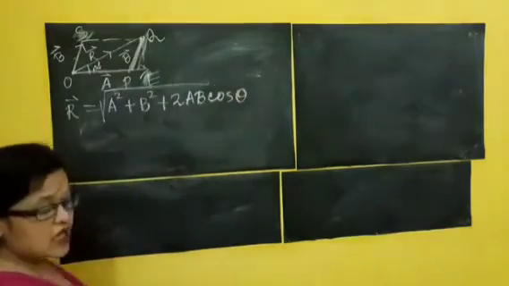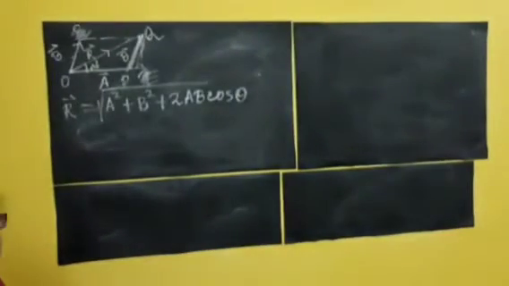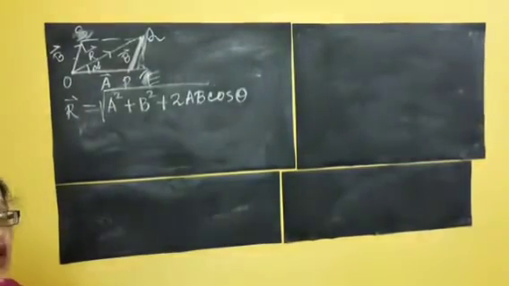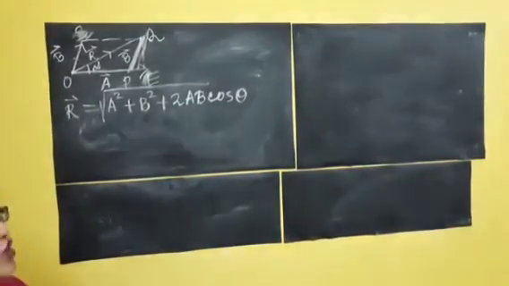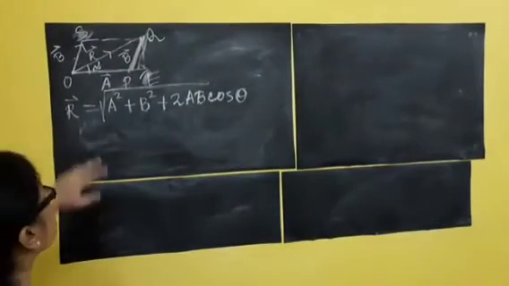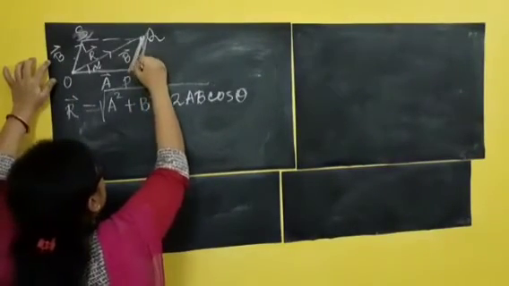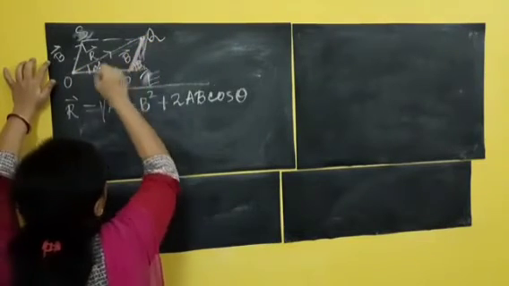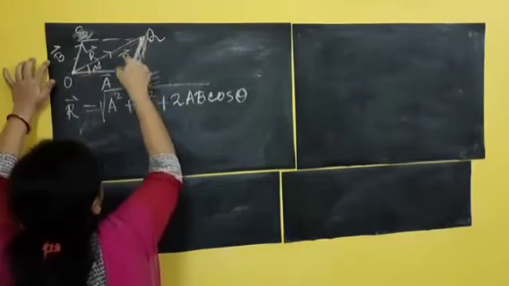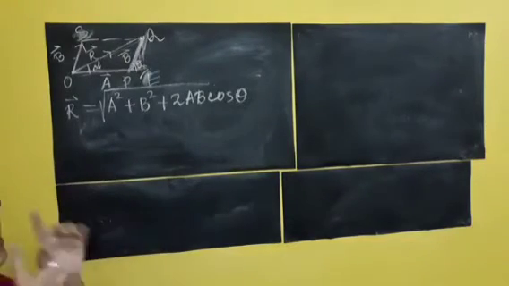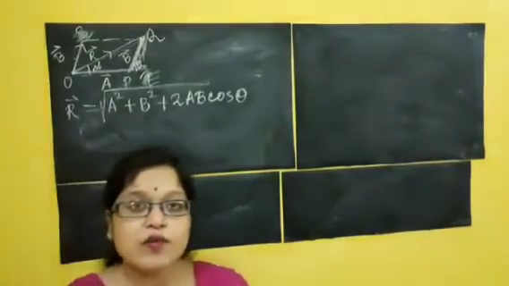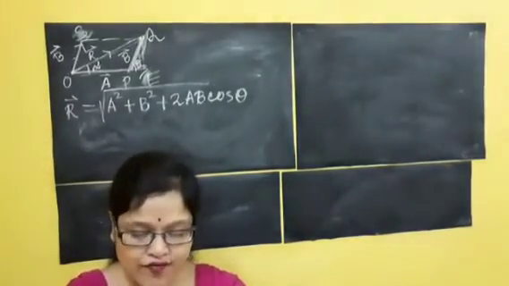Clear? You can ask me, ma'am, why you are not deducing the same thing like that? See, parallelogram law, triangular law will not come to deduce the parallelogram law of vector addition. So from the triangular law also, you can do the same thing. If this is alpha, I can take it as theta. Then first, this whole triangle I will take into consideration. Then this three triangle. Just diagram-wise a little bit different, but the other mathematical calculation, remember, is just like the triangular law of vector addition.